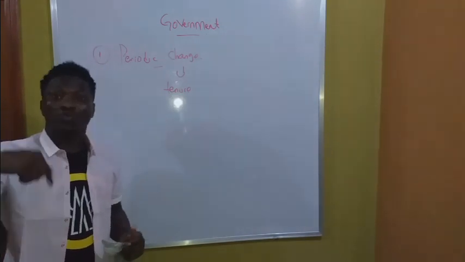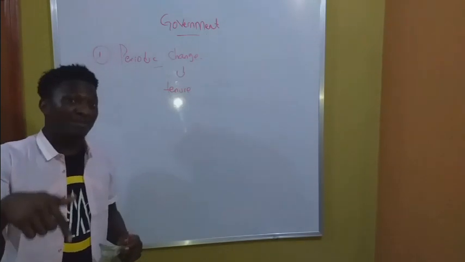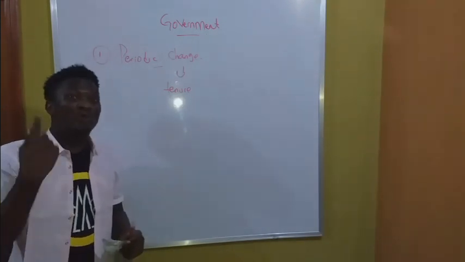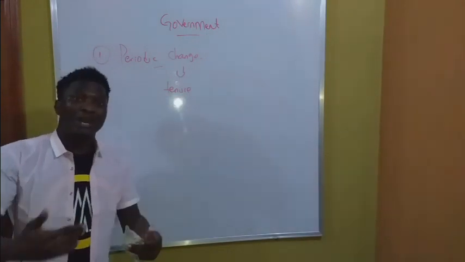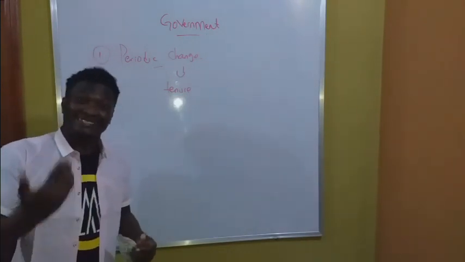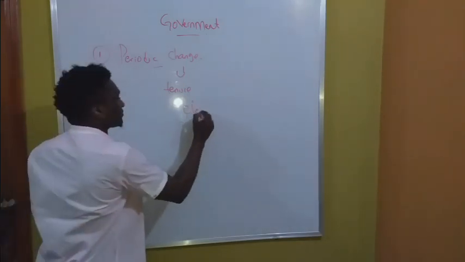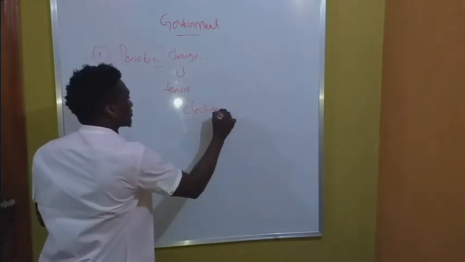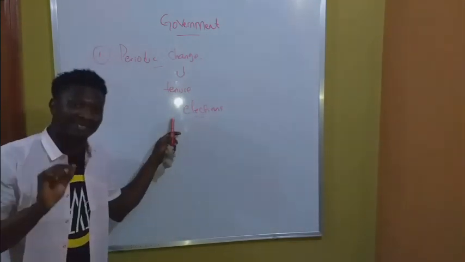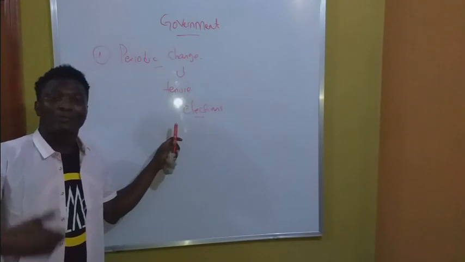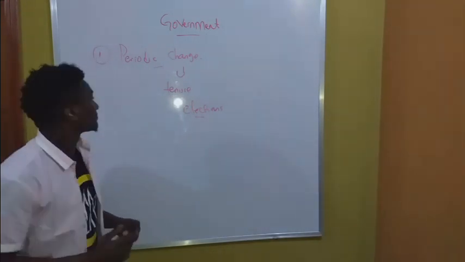And the tool that is necessary for the change of government under a democratic setup, where the people go and vote for their preferred candidates, is referred to as elections. So election is an important element in democracy because it helps to change government per time.